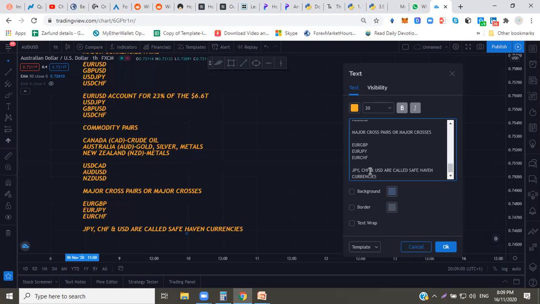USD is a bit volatile, but JPY and CHF are stable currencies. So anywhere you find JPY or CHF, you will realize that the movement of those pairs will be tilted towards the other currency. What do I mean? When you have EUR/JPY, this currency pair will track mostly what is happening in the euro, because the JPY is very stable.